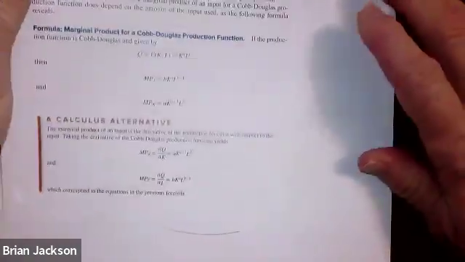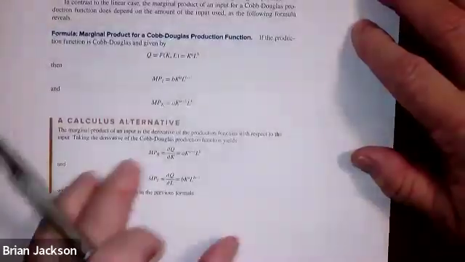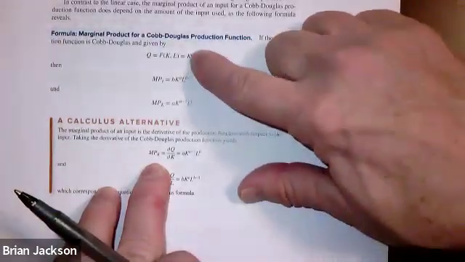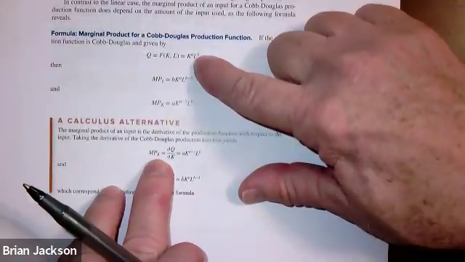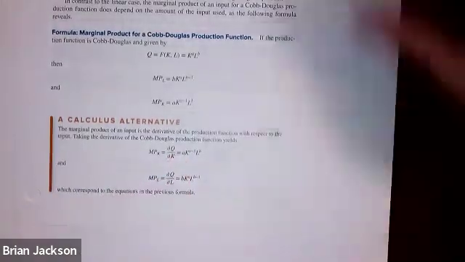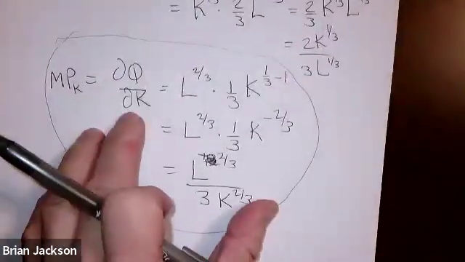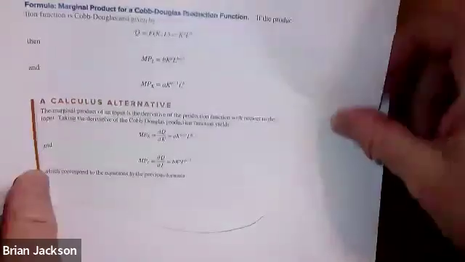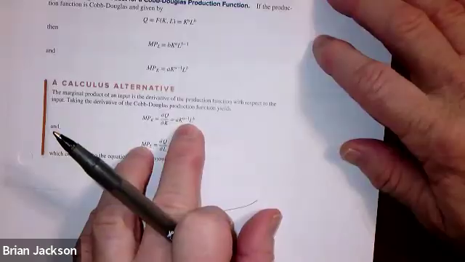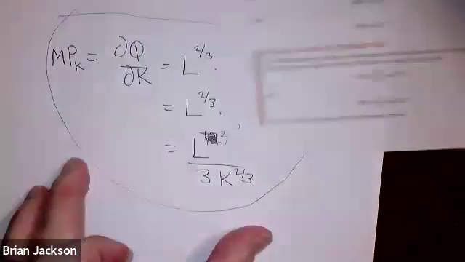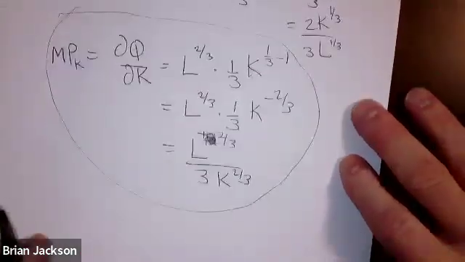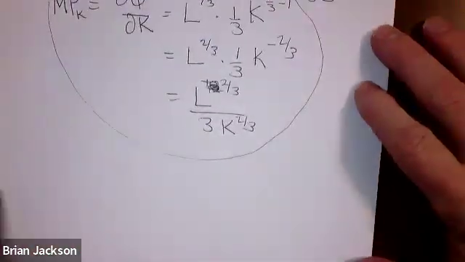This is really what they're telling you here at the bottom of page 147 in your text. If you have a Cobb-Douglas production function of this form, the marginal product of capital, which is the partial derivative of Q with respect to K, which is what we found right here, in formula form is A K to the A minus 1 L to the B. That's what we've got right here.